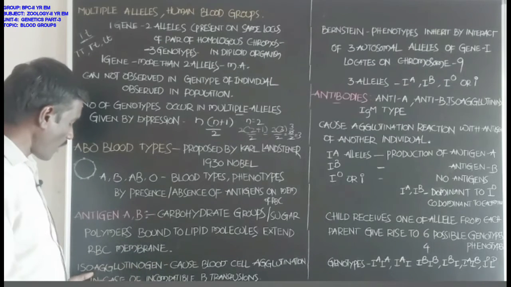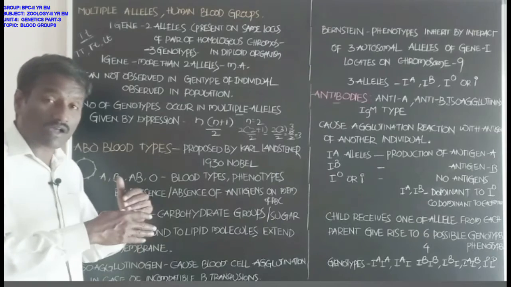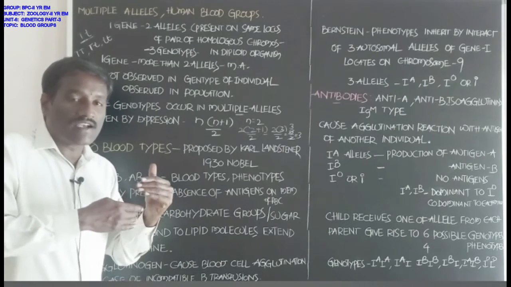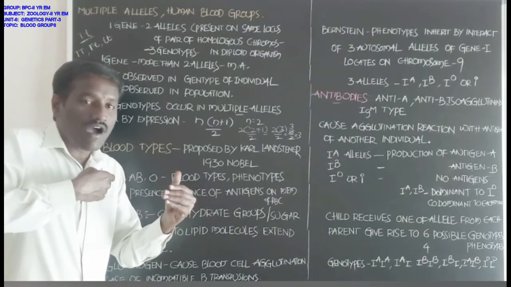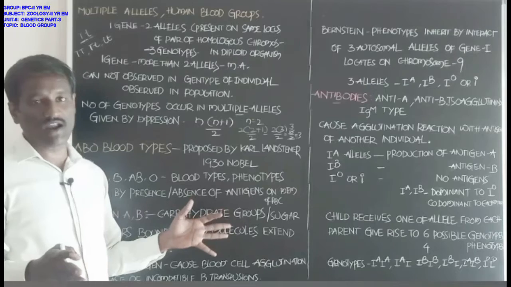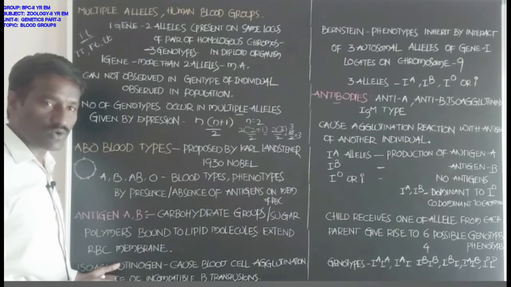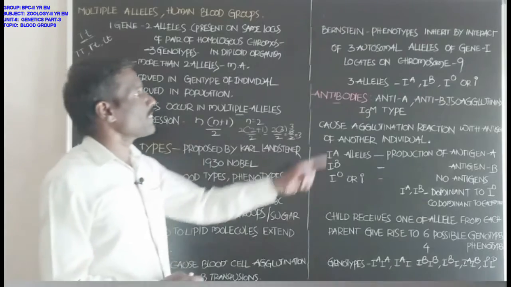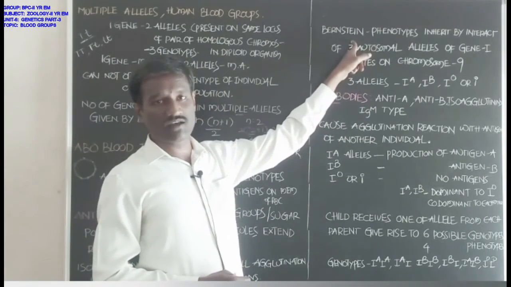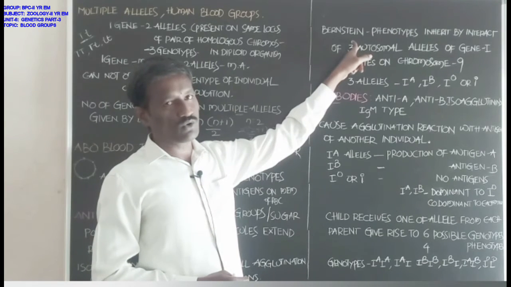These are called isoagglutinogens. Isoagglutinogens are the antigens that cause agglutination in case of incompatible transfusion of the blood. Hence, these antigens are called isoagglutinogens.